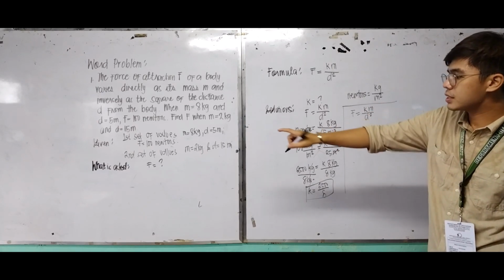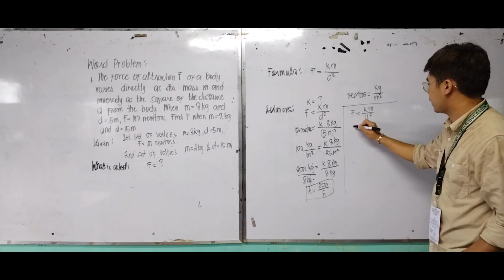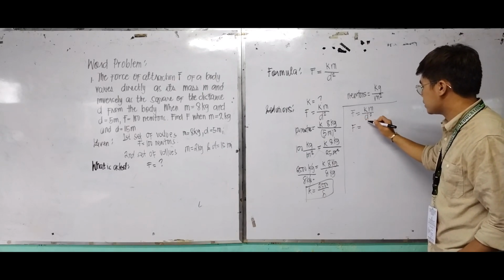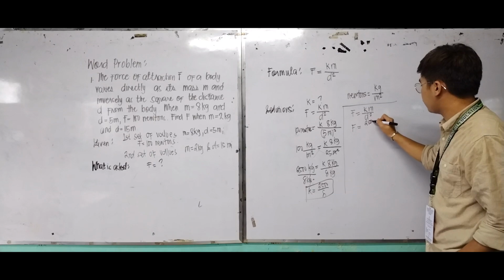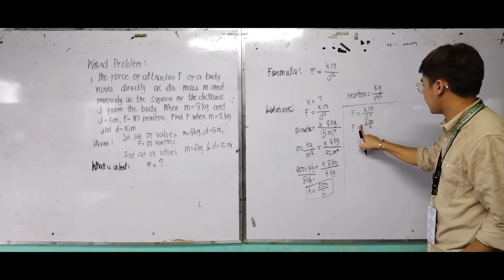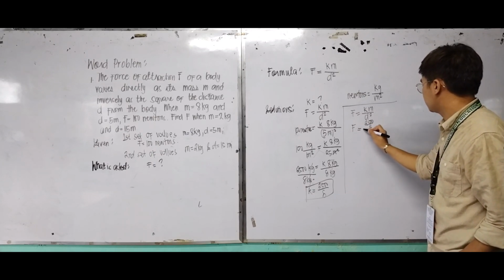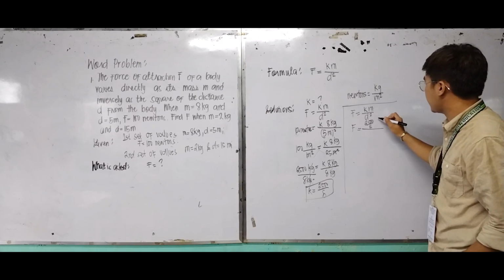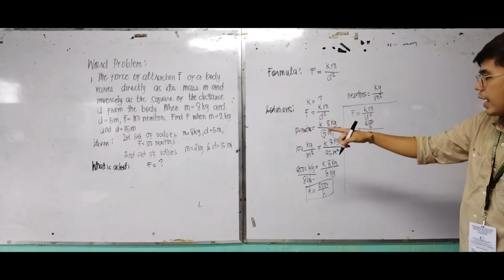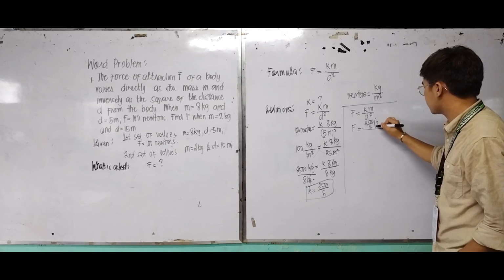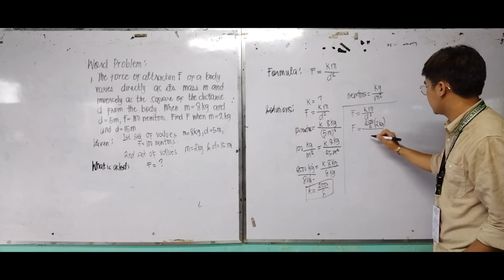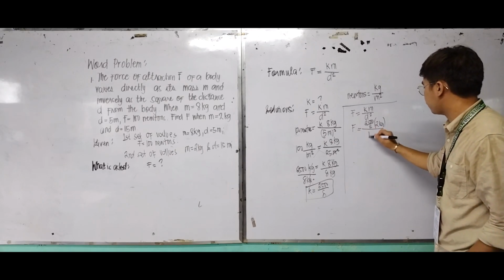We will now use the second set of the values given. So we have F equals 2,500 over 8 as your K, times what is our mass? So we have 2 kilograms over the distance. We have 15 meters squared.